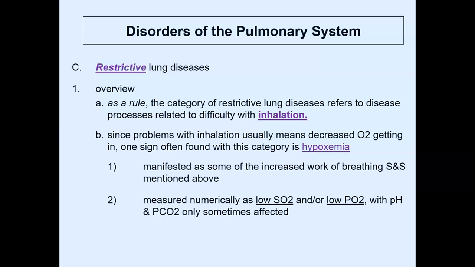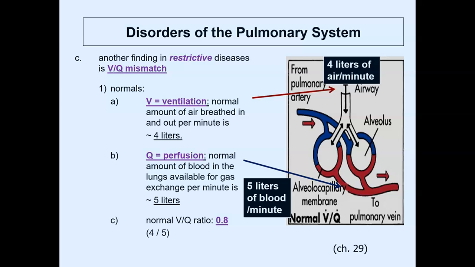So if your patient has a restrictive disorder, then inhalation is going to be a problem, and they will show that there is a problem with inhalation by having a low oxygenation level. Again, that's where the ABGs come in, because the SO2 will be lower than 97%, and the PO2 will be low, or less than 80 millimeters of mercury.